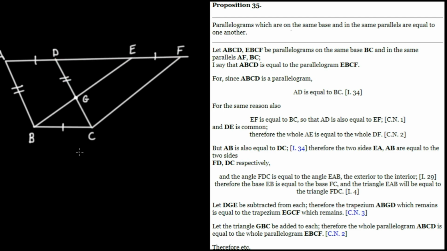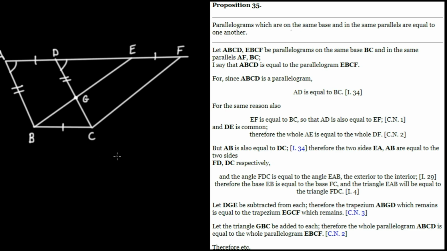He also notes that the angle FDC, which is right there, is equal to the angle EAB, which is over here, which follows from Proposition 29, because we have two parallel lines, AB and DC, being cut across by AF, so that these two angles must be equal.